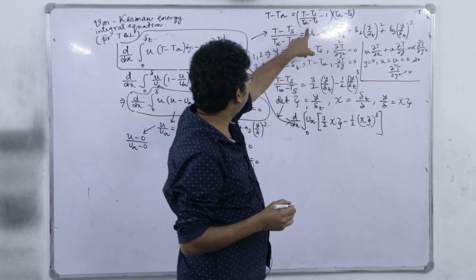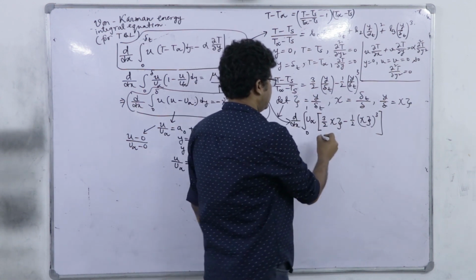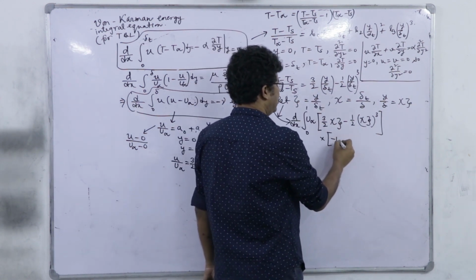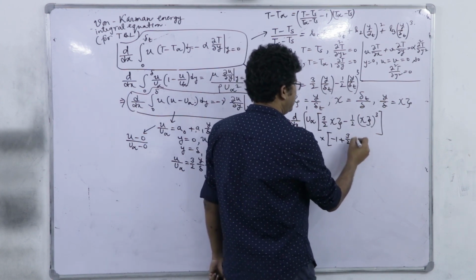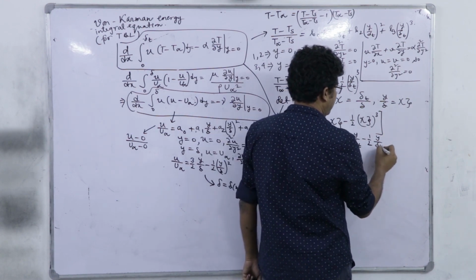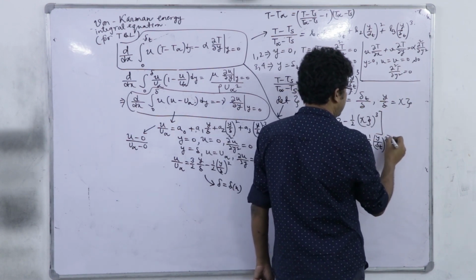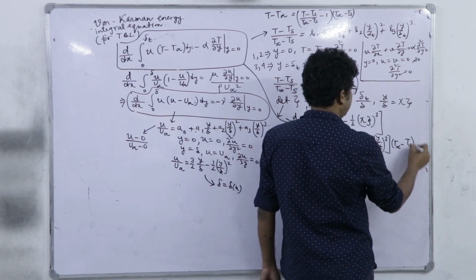Now T minus Ts divided by T infinity minus Ts already we have solved. So this is minus 1 plus 3 by 2 y by delta T minus half y by delta T cube into T infinity minus Ts.